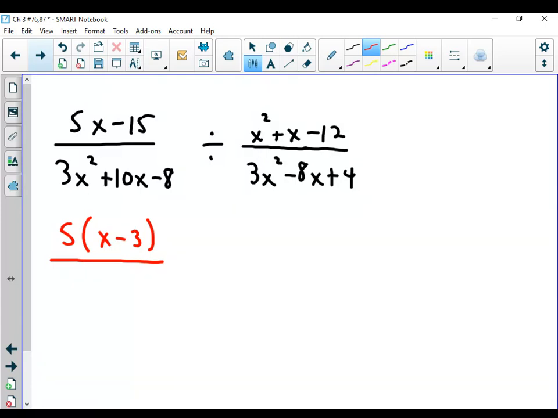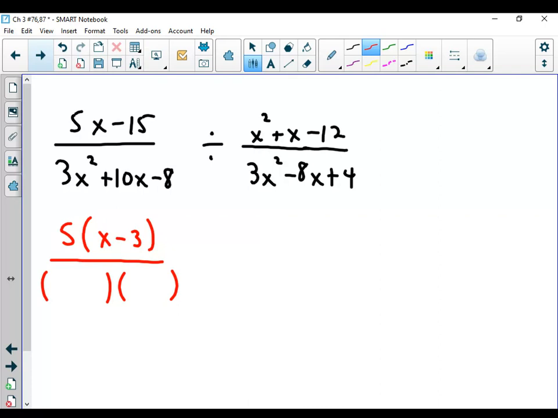Then I go to the next one, on the denominator here, and I ask myself, well, can I factor that one? So depending on what method you want to try, we're going to see what the factored form of this would be. Well, I like that generic rectangle.